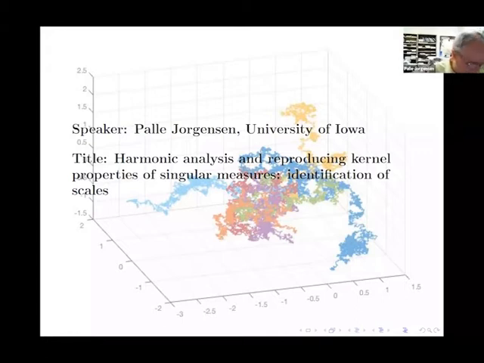Then also some joint work with another co-author, Feng Tian, that deals with extensions of the basic idea of doing harmonic analysis in a wider context.